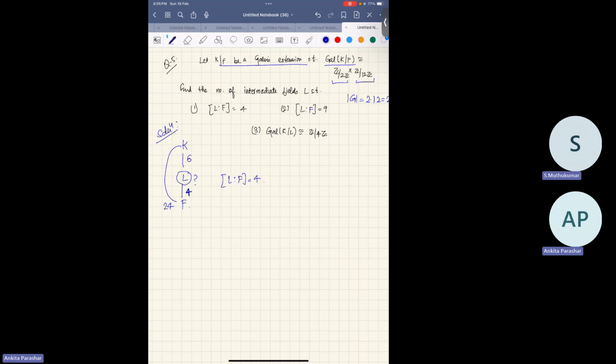This is 6, right? This has degree 6. Now, we know by the fundamental theorem of Galois theory that any intermediate field, suppose this has degree 6, should correspond to some subgroup H of G such that the order of H is 6. Do you agree?